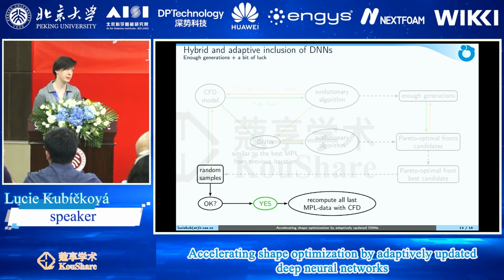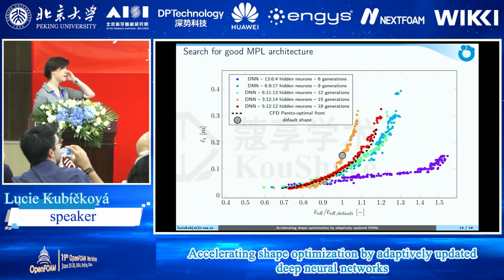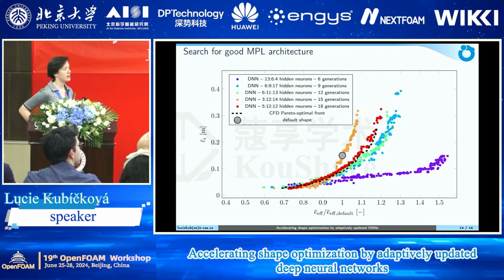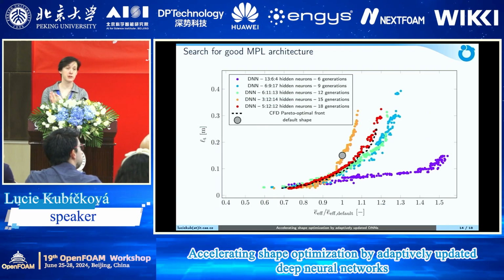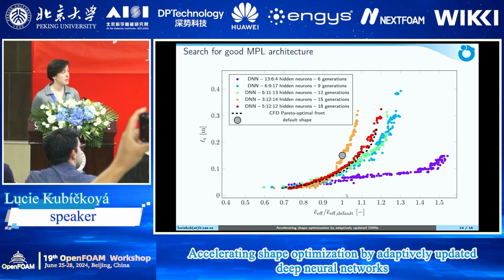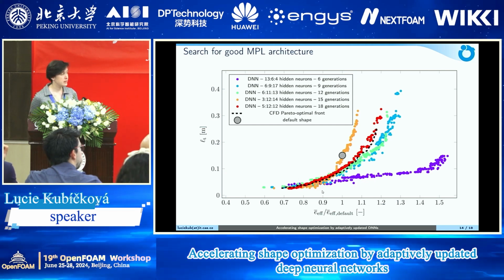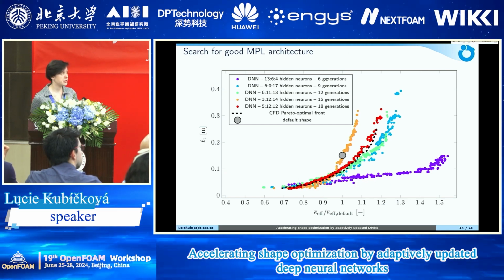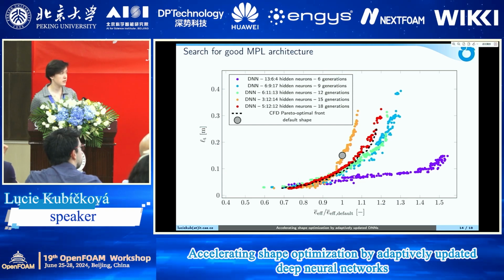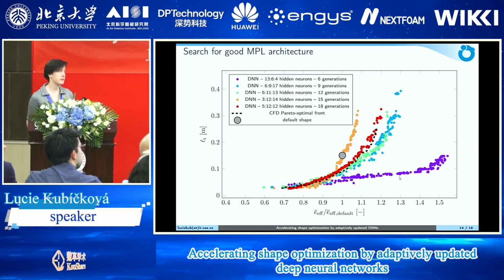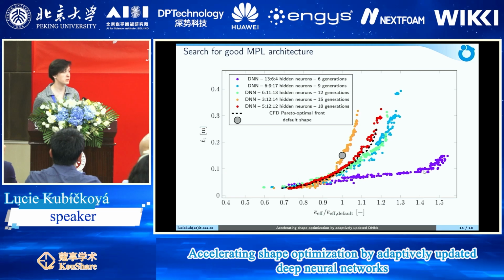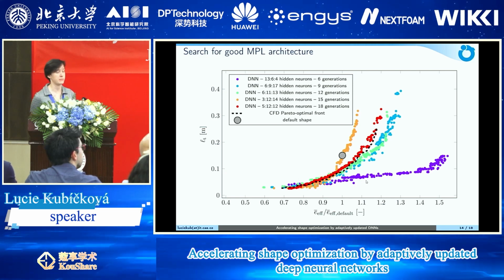So that's basically what we did. And if I look at the adaptive algorithm, how it converges with the generations, you can see that if we gave it only 6 generations of the CFD optimization, it was bad. Even the best neural network wasn't able to find anything that makes sense.